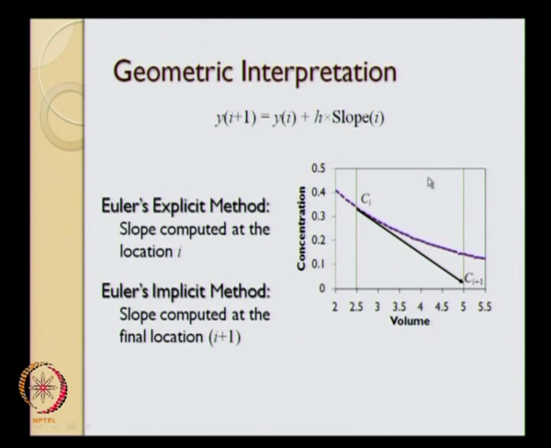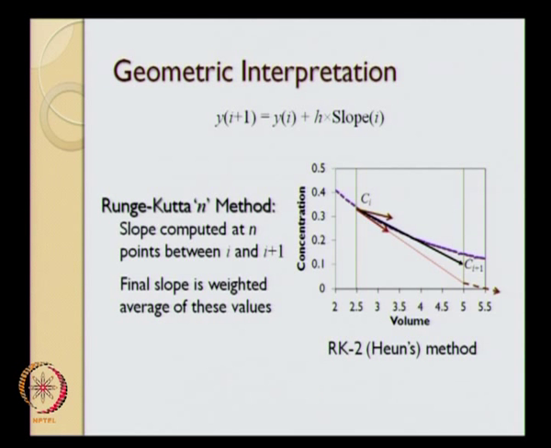What we do in any kind of ODE solving technique is yi plus 1 is given as yi plus h times a certain slope. Now this slope in Euler's explicit method is nothing but the slope computed at Ci comma Vi. In Euler's implicit method it is the slope computed at Ci plus 1 comma Vi plus 1. In Runge-Kutta method we use multiple points between Vi and Vi plus 1.